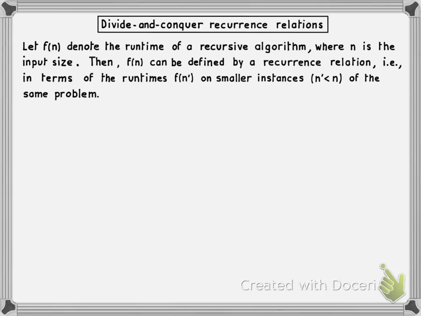So that's the reason why these divide and conquer recurrence relations are important, because they are the easiest way we know of to study the time complexity of a divide and conquer algorithm. So now that you're clear about the motivation for studying this topic, let's dive into the technical details of how to define these recurrence relations.